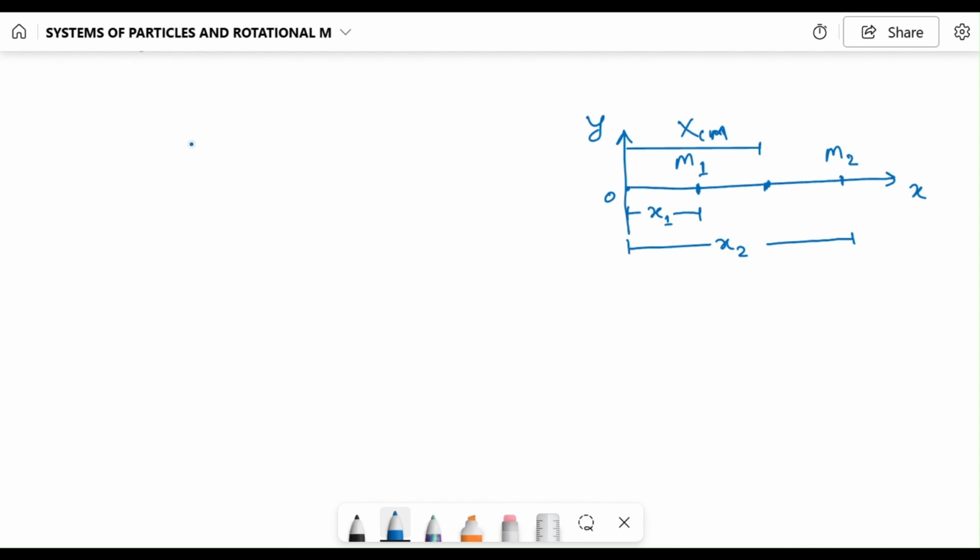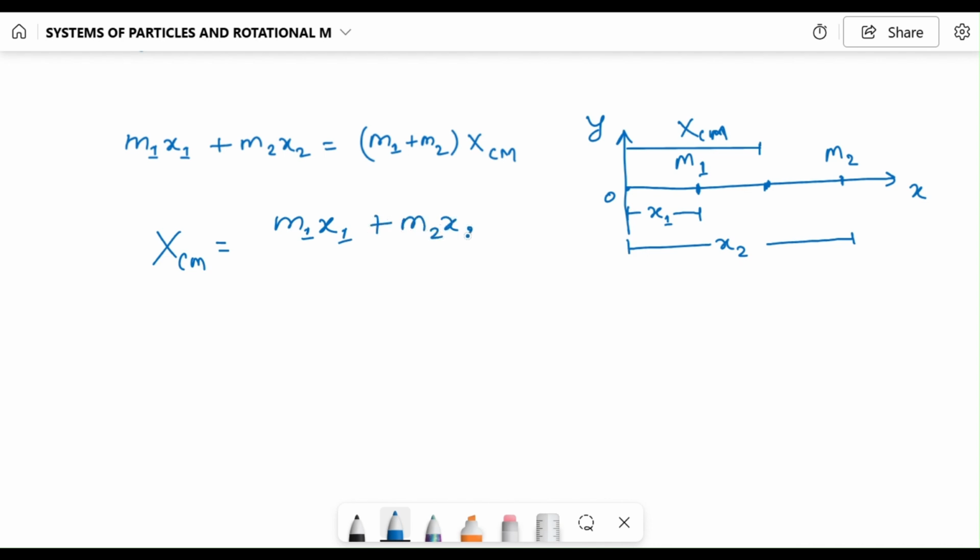So m1 into x1 plus m2 into x2 should be equal to m1 plus m2, these two masses combined, multiplied with this position x center of mass. So center of mass is located at this position, which can be found if we know the masses m1 and m2 and their positions. It will be m1 x1 plus m2 x2 divided by m1 plus m2.